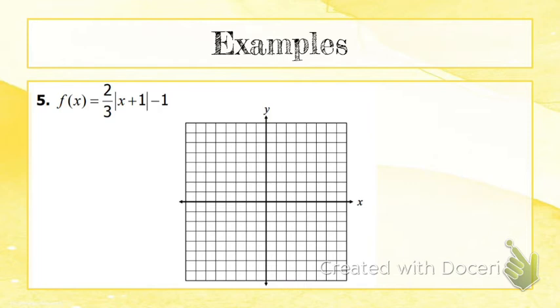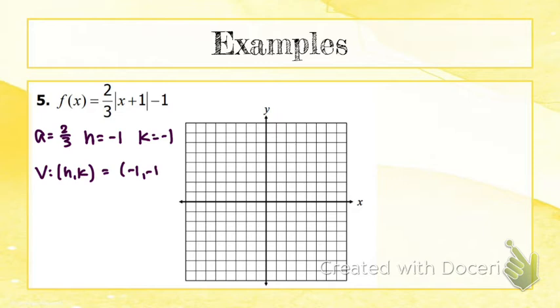All right, so let's try number 5. a equals 2/3, h equals -1, and k also equals -1. So our vertex is h comma k, so that's going to be -1, -1. That's right here.